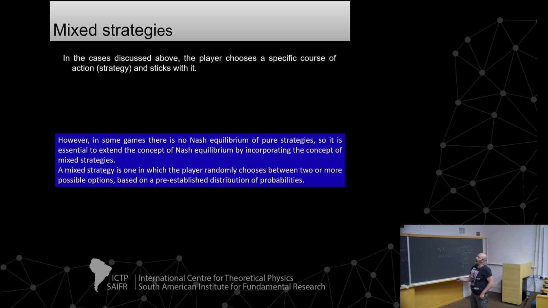But it is essential to incorporate the concept of mixed strategies to be able to find a Nash equilibrium. A mixed strategy is a strategy in which the player randomly chooses between two or more possible options based on a pre-established distribution of probabilities.